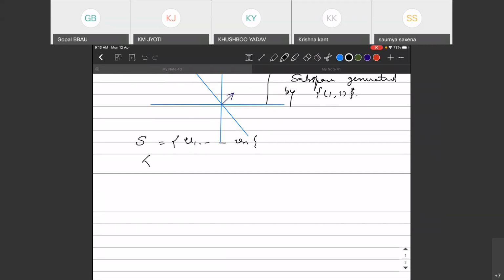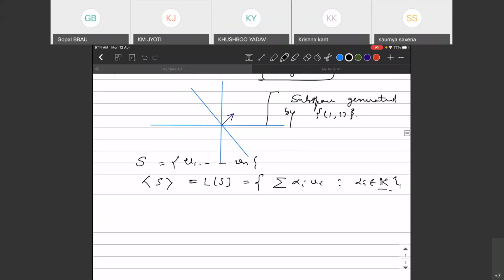The subspace generated by S is nothing but the set of all linear combinations, summation alpha i Vi, where alpha i comes from K. So what is the set of all linear combinations of 1 comma 1? This is nothing but alpha times (1 comma 1), where alpha comes from R. What is this subspace?